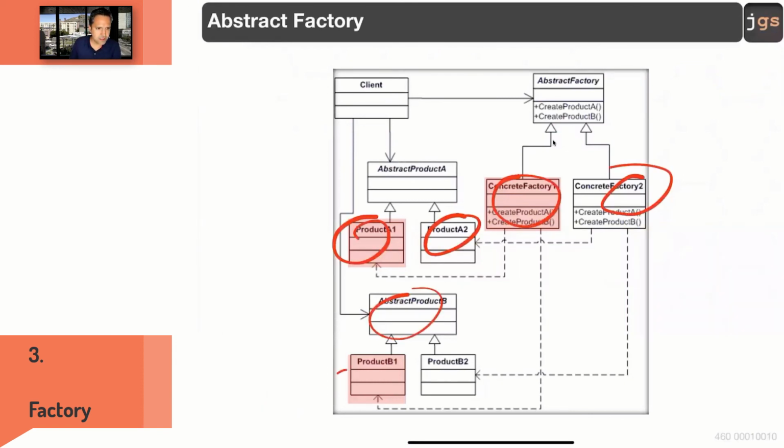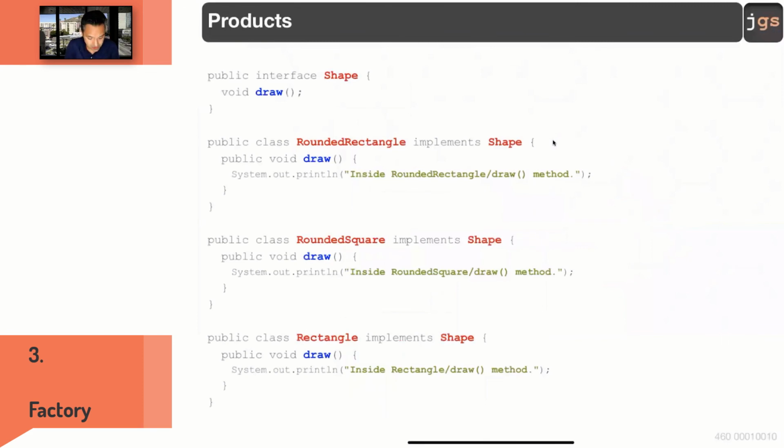That's fine. The key idea is, number one, you need a common parent for your factories. Always, always, always. The parent for your factory is going to be an interface. The parent for your product is going to be an interface.